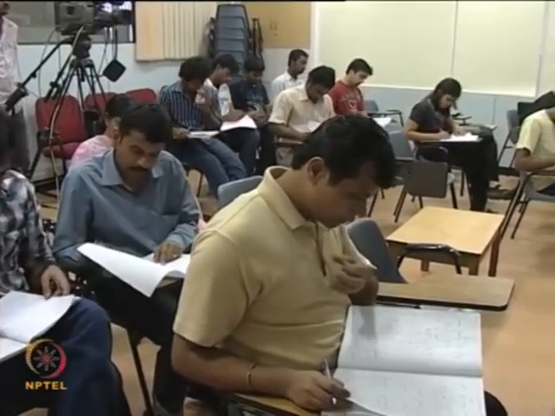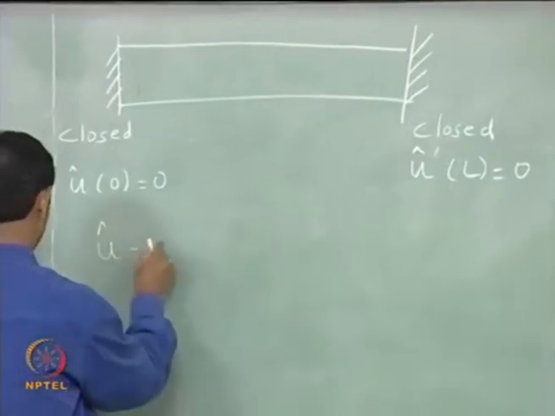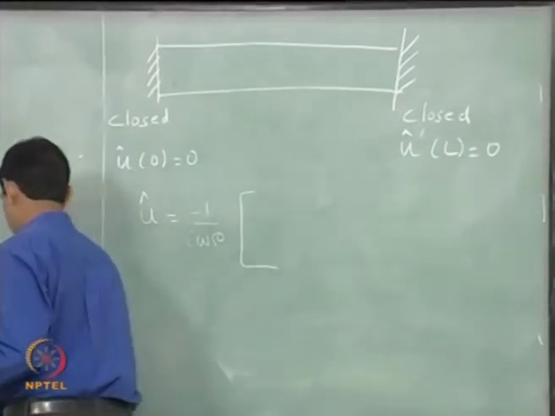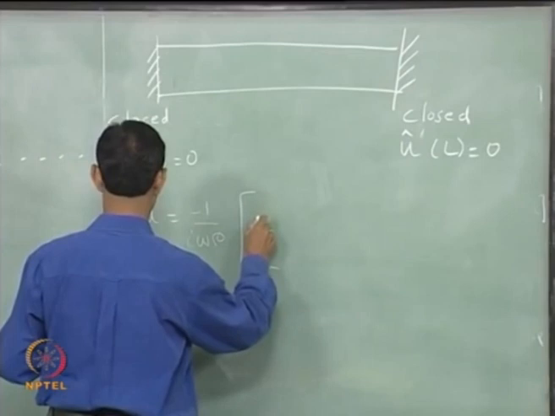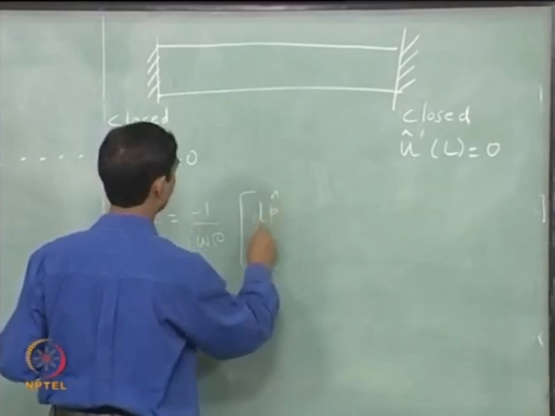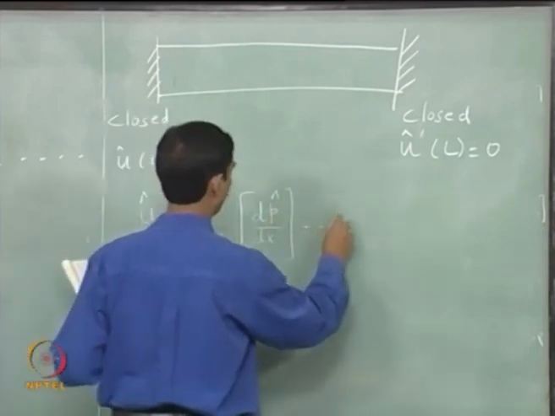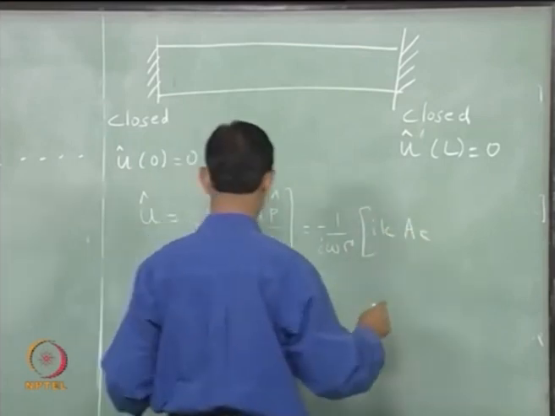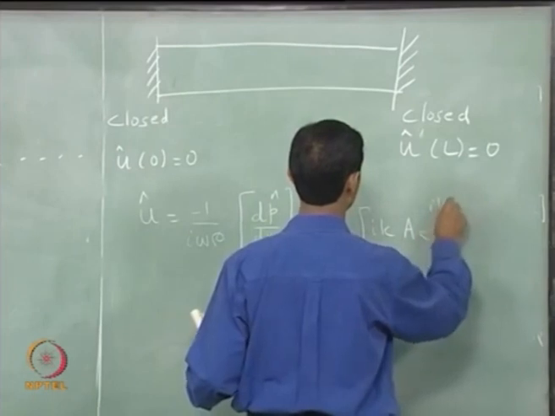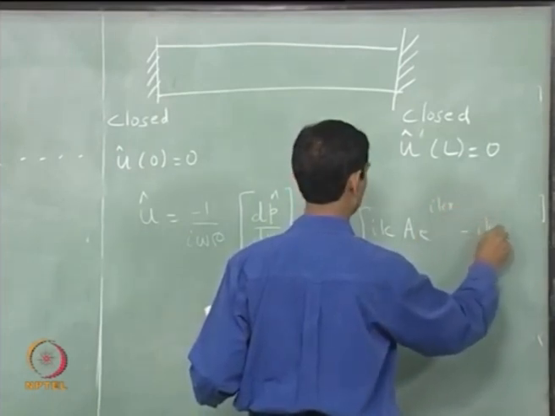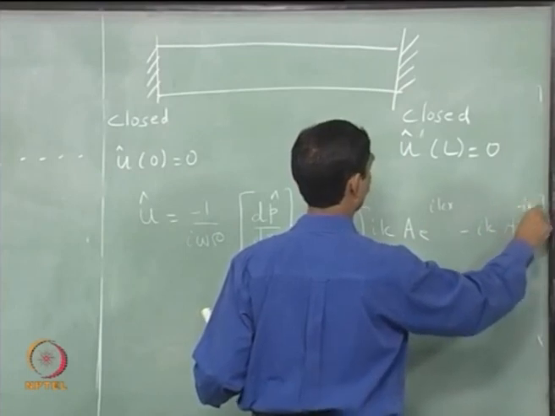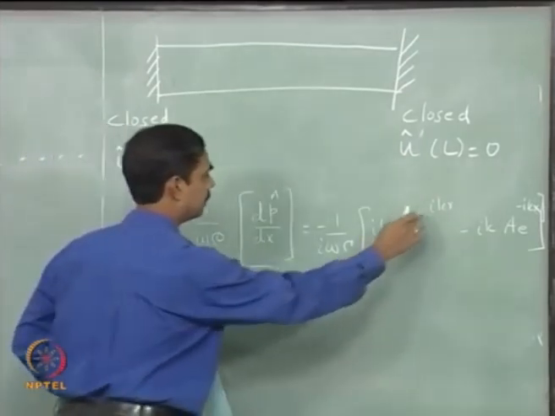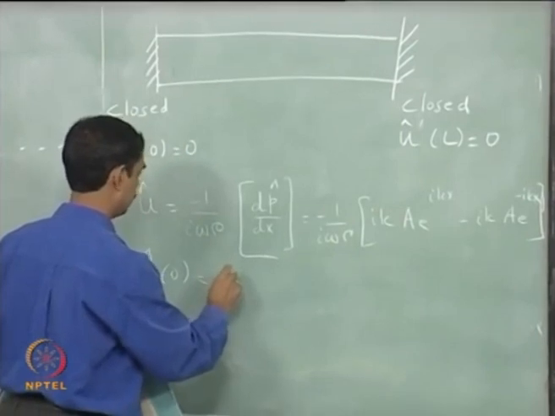So our expression for acoustic velocity was u hat equal to minus 1 over i omega rho times... So u hat of 0 would be e power 0, which is 1, so that will go like equal to 0.